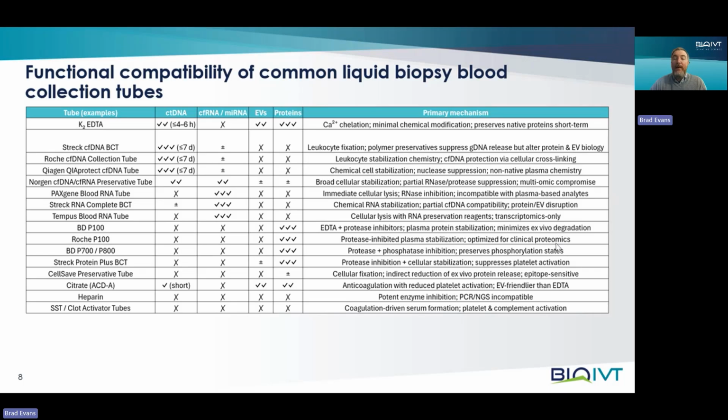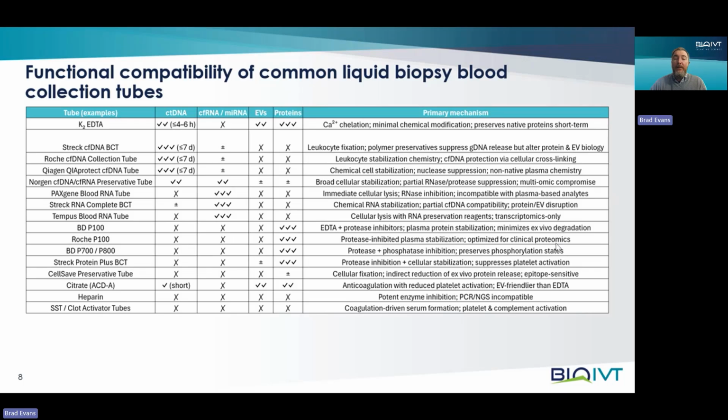If you move down to the RNA tubes like PAXgene, Streck RNA Complete, and Tempus, you'll see strong compatibility for RNA, but poor compatibility for plasma-based DNA, vesicles, or proteins. That's because these tubes lyse cells immediately and stabilize intracellular RNA, which fundamentally changes the plasma compartment.